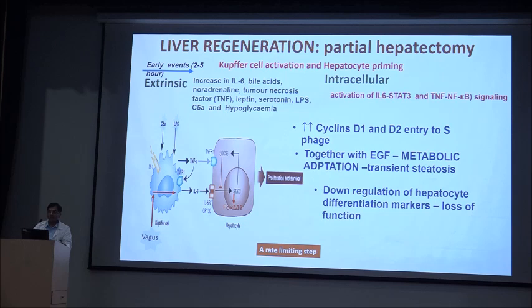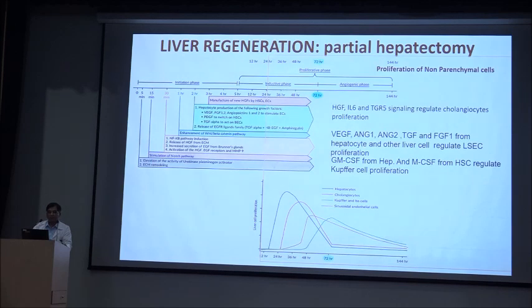This way, the hepatocytes are now ready to enter proliferation, and then there is a cascade of events where growth factors are produced at different levels. In the beginning, HGF, which is the more prominent growth factor for hepatocyte proliferation, is given by the activation of hepatic stem cells, and later on it is mainly given by the LSEC.